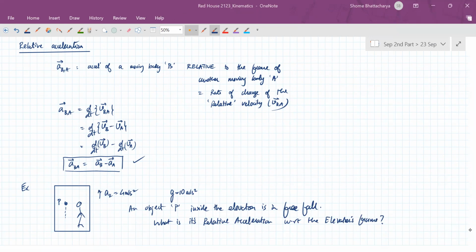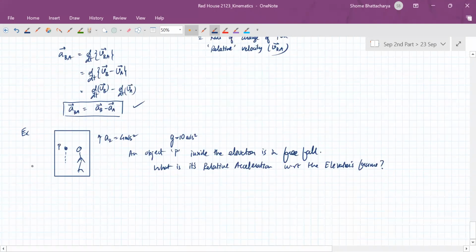So what is happening is here, if we take our y-axis upwards, what is the acceleration of the object P in the ground frame? Minus 10 j cap, because the acceleration of the particle is the acceleration due to gravity with respect to ground.